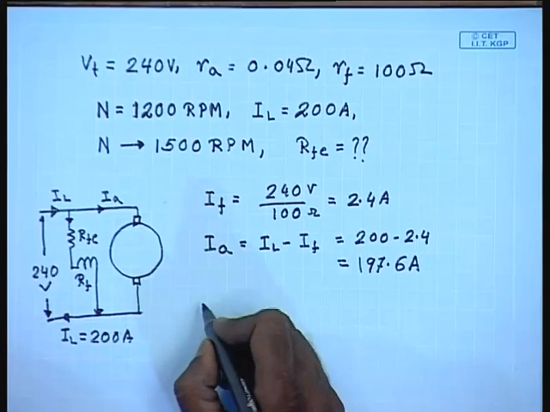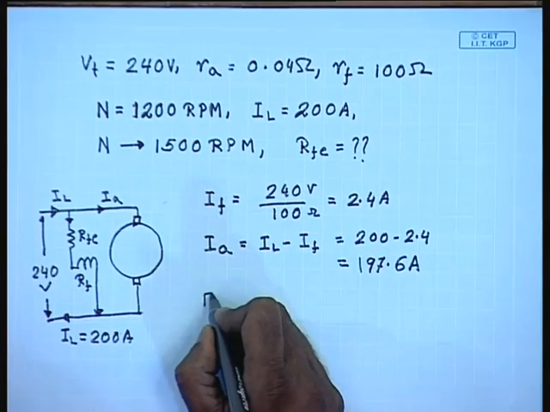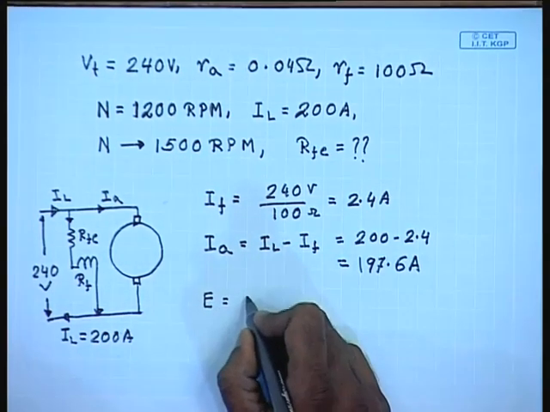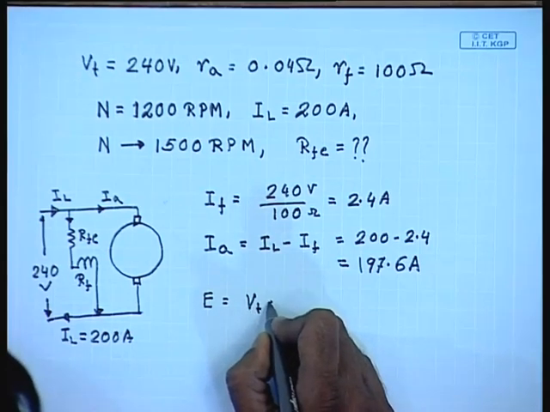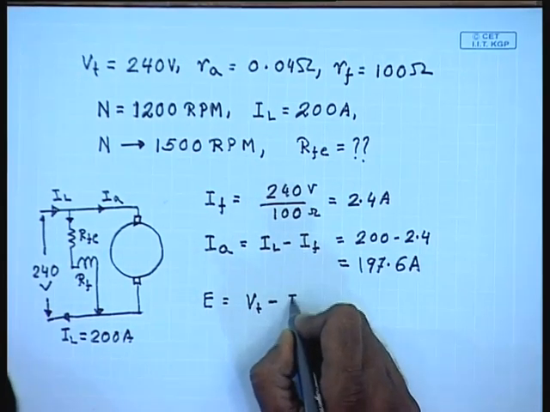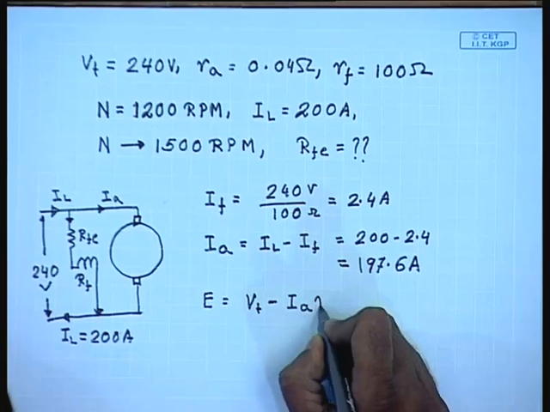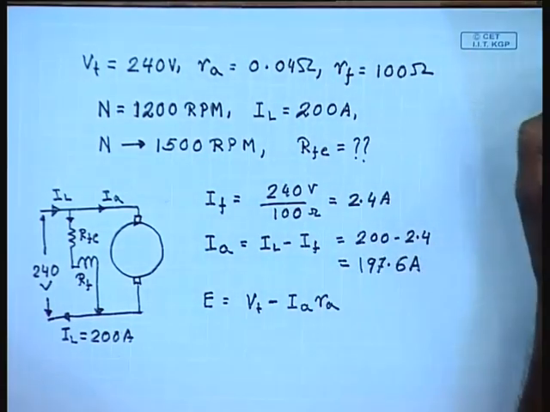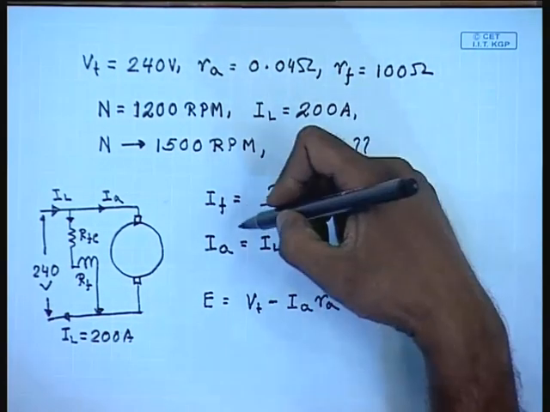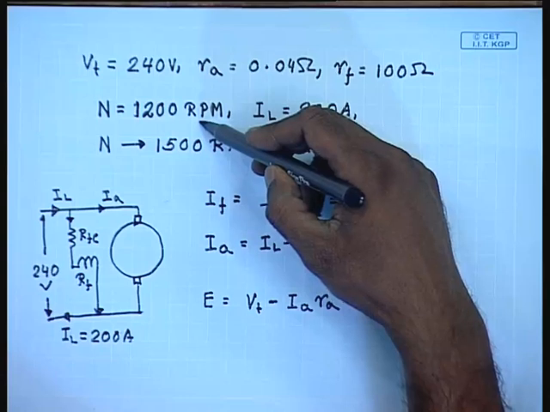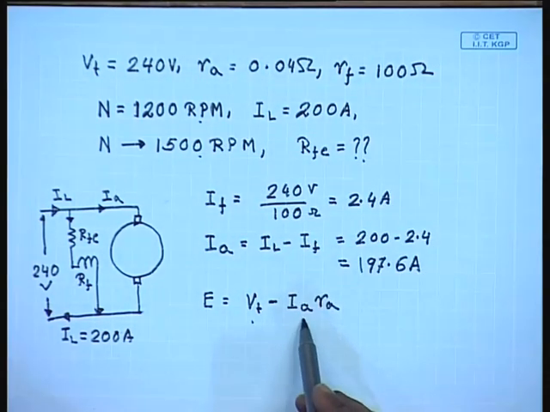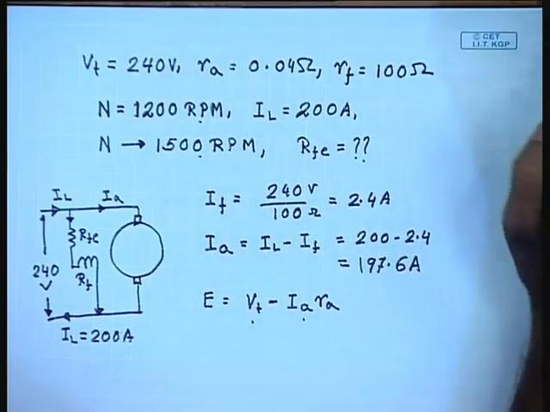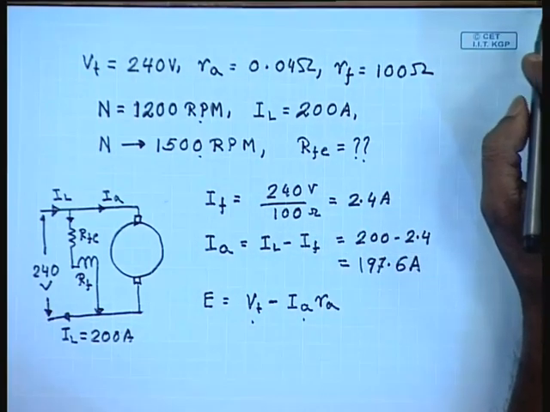Now, the back EMF E equal to Vt minus Ia Ra. Since at 1200 rpm and 1500 rpm Vt and Ia remain the same, the E also remains the same.